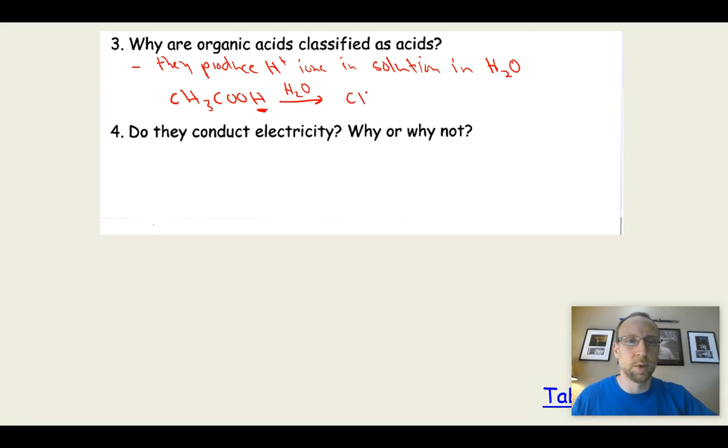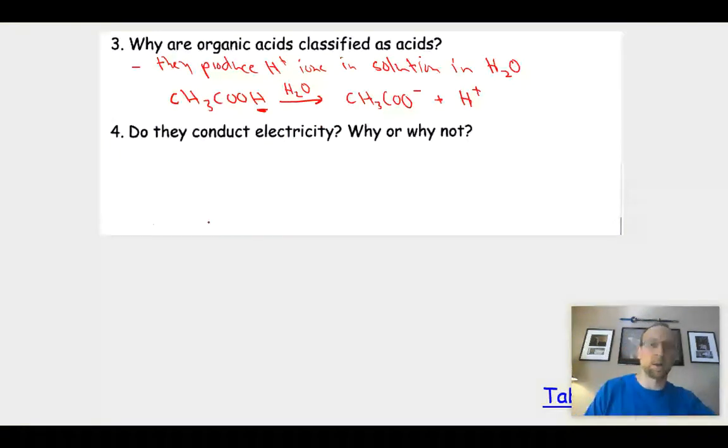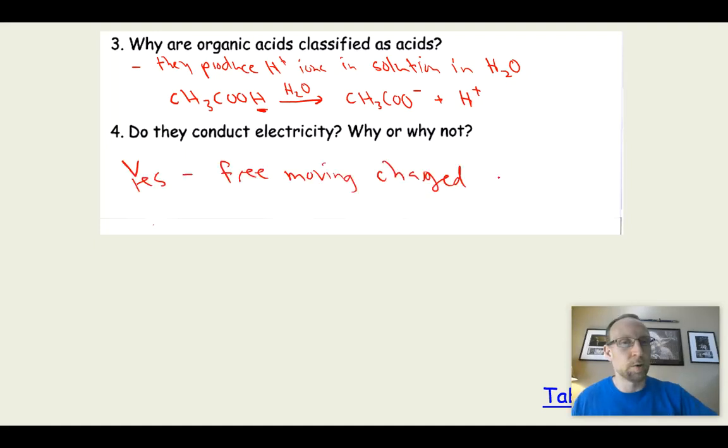That's our acetate ion, plus our H plus. So it's still an acid. Acids produce H plus in solution. So that's why organic acids are classified as acids. Do they conduct electricity? Yes. So remember why? Because they have free moving charged particles. So acids are electrolytes. They break up into ions and they conduct electricity.